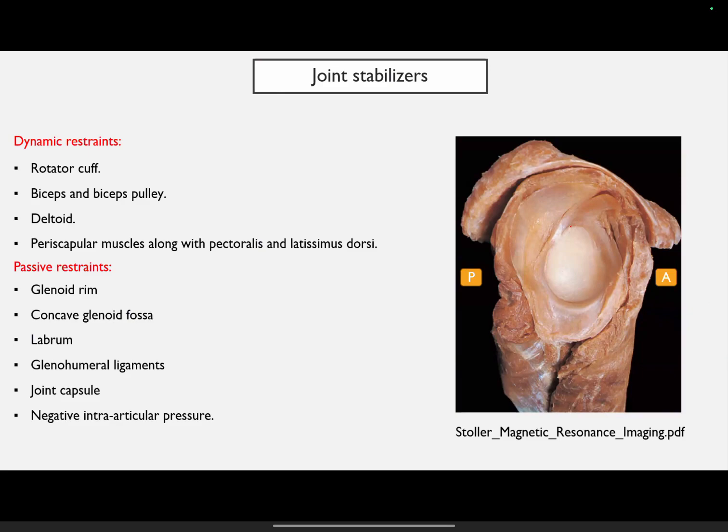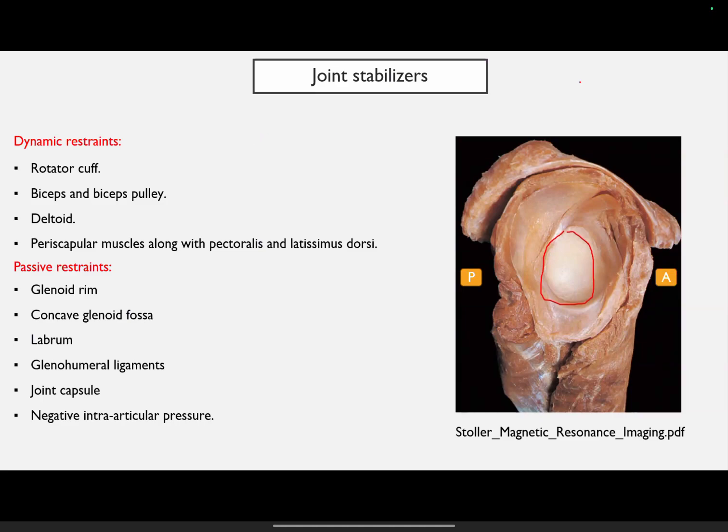So here you can see this bony glenoid is very small compared to the humeral head. But to deepen the bony glenoid for the humeral head, you can see there is the glenoid labrum, the labroligamentous complex, and these are all the rotator cuff muscles. To provide stability of the joint, there are two types of stabilizer, dynamic and passive. Dynamic stabilizers are rotator cuff tendons, biceps and biceps pulley, deltoid, and periscapular muscles.